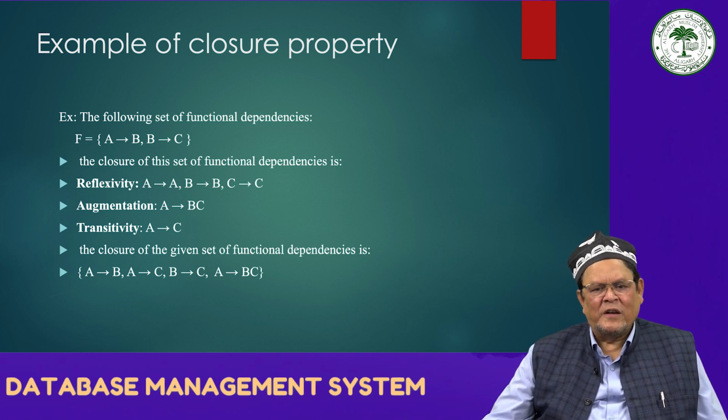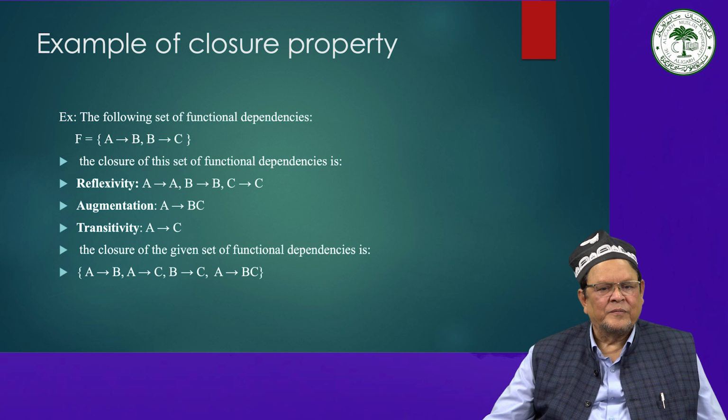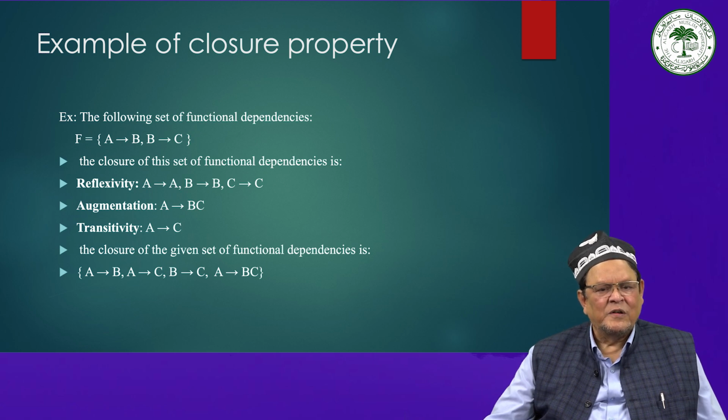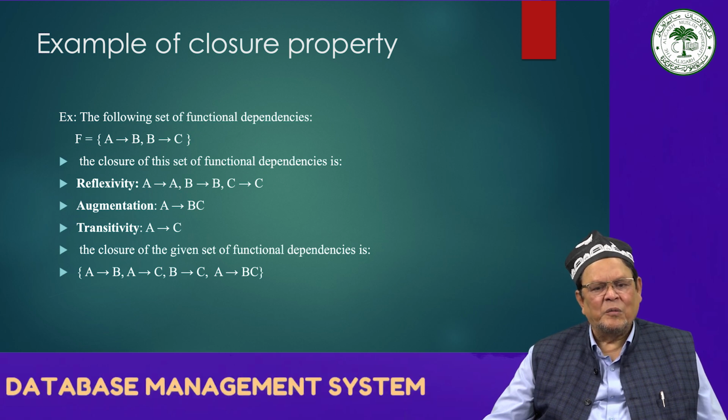We apply the augmentation rule to derive additional dependencies: A determines BC. Third, transitivity. Finally, we apply the transitivity rule to derive more dependencies: A determines C. So the closure of the given set of functional dependencies is A determines B, A determines C, B determines C, and A determines BC.